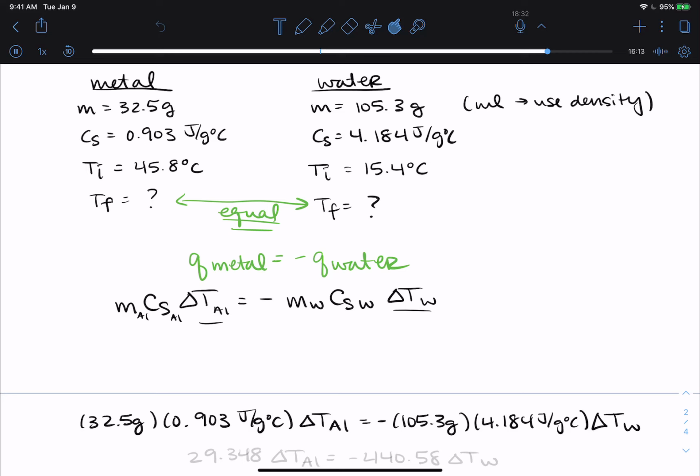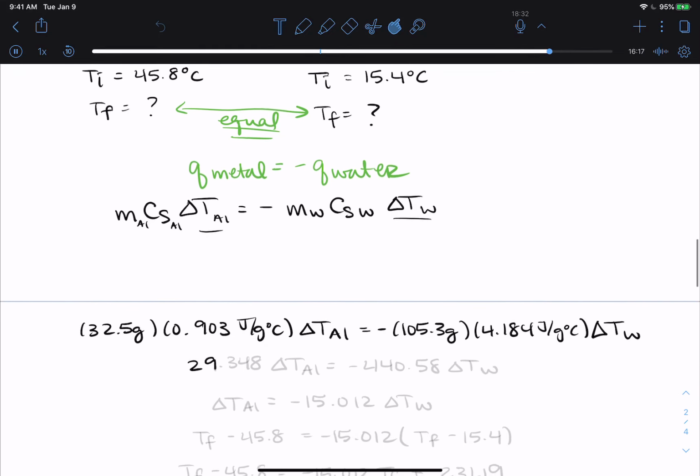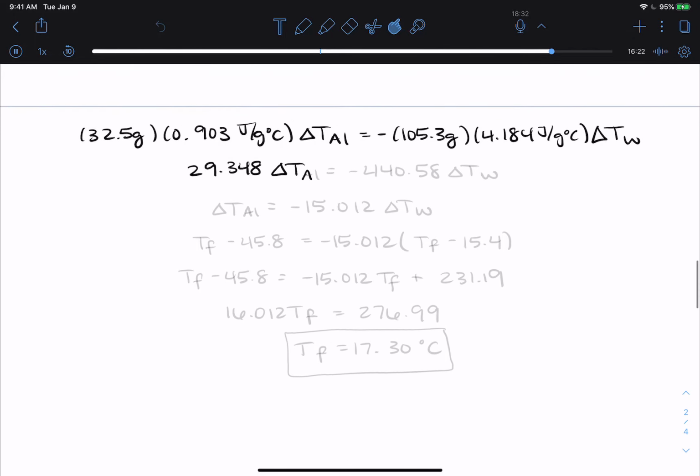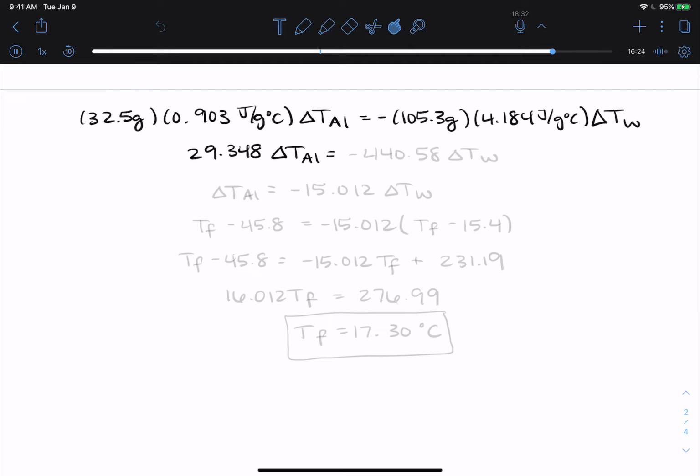And so if I combine these terms, let's get this down a little bit, 29.348 delta T aluminum equals negative 440.58 delta T water.